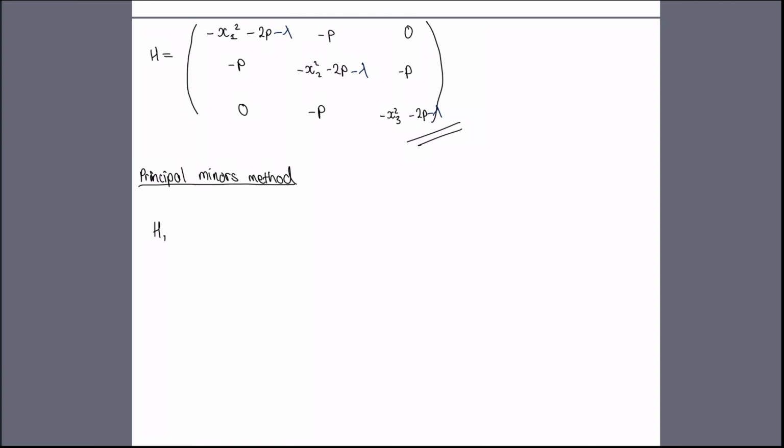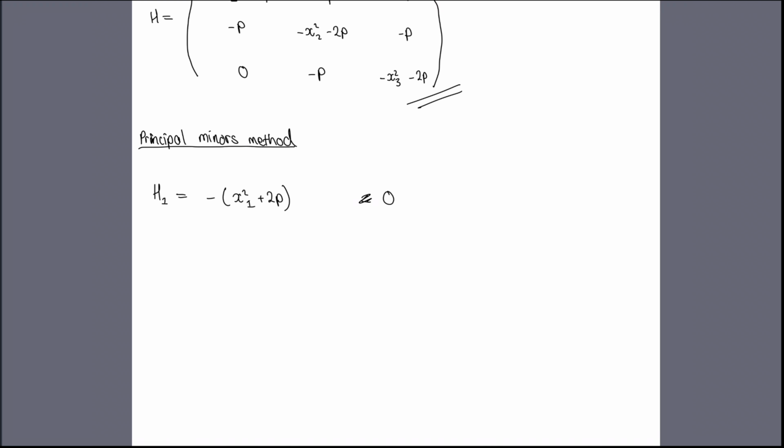So here we'll start with H1, which will just be this first entry, which is minus x squared 1 plus 2 rho plus lambda, and plus 2 rho, which we can see will be less than 0, because x squared must be positive, because anything squared is positive, and then 2 rho is positive because rho is greater than 1. So this is always less than 0, because this positive is being multiplied by a negative 1.